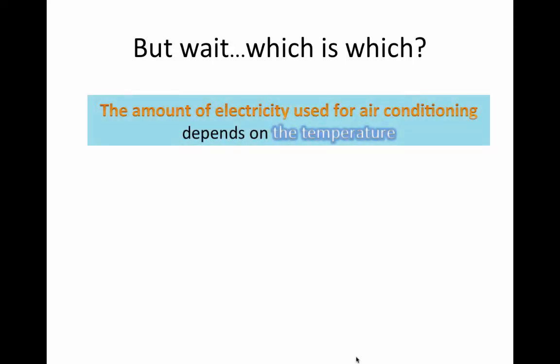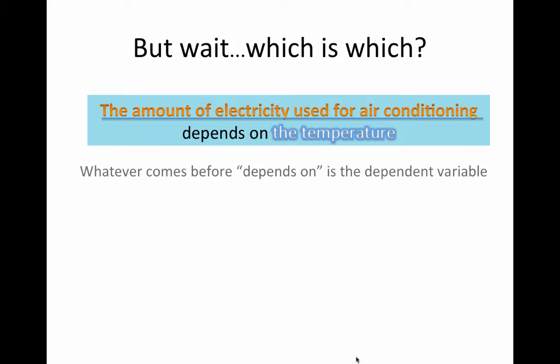Well, here's what you do. Once you identify which depends on statement makes more sense, you underline what comes before the depends on in the statement. In this case, the amount of electricity used for air conditioning comes before depends on. That phrase that comes before depends on is the dependent variable.